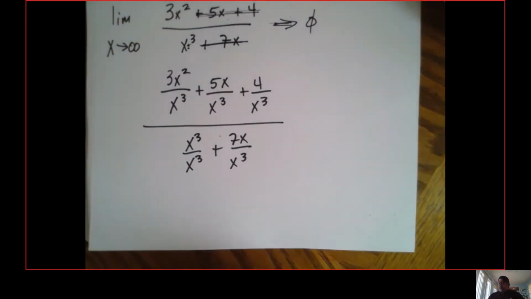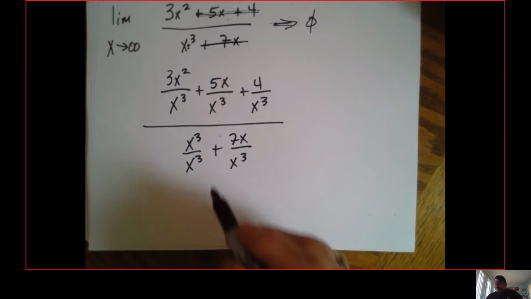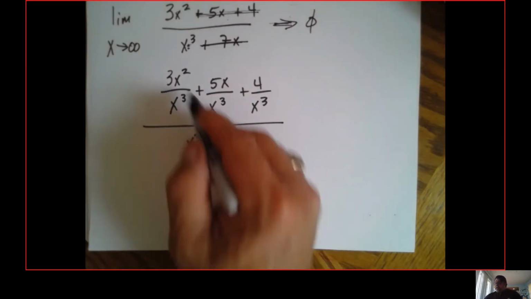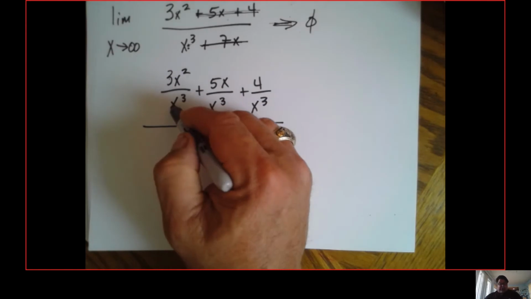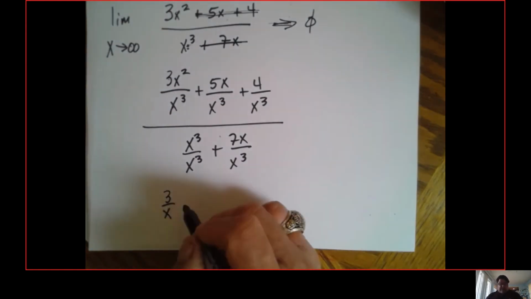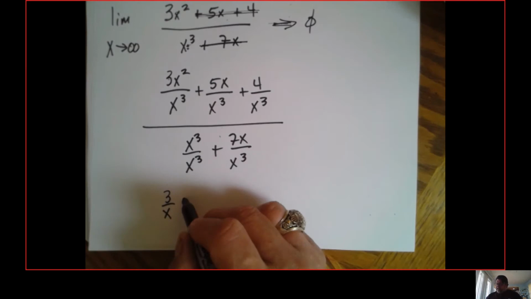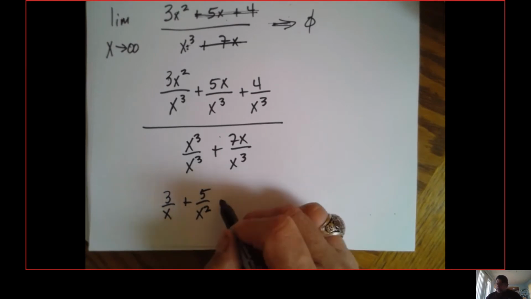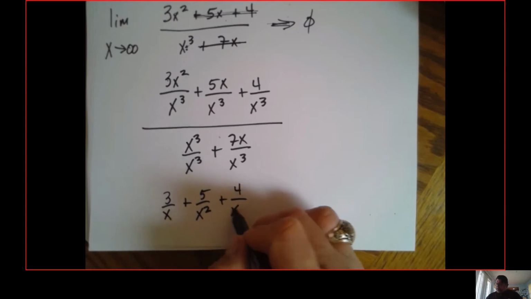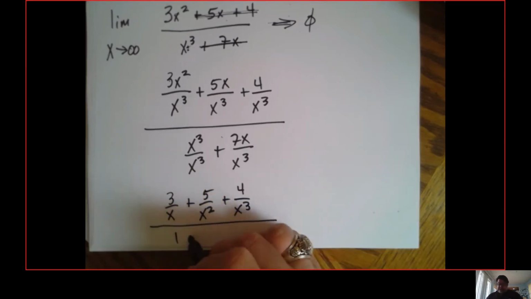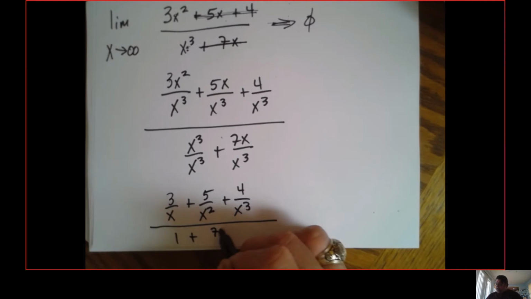But don't worry about that, because most of these are going to be designed where you do it with infinity. All right, so this is going to be 3 over x. I've got it written down here. I'm going to go ahead and write everything down. Plus 5 over x squared plus 4 over x cubed over 1 plus 7 over x squared.